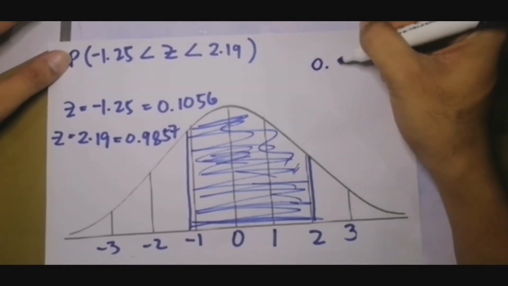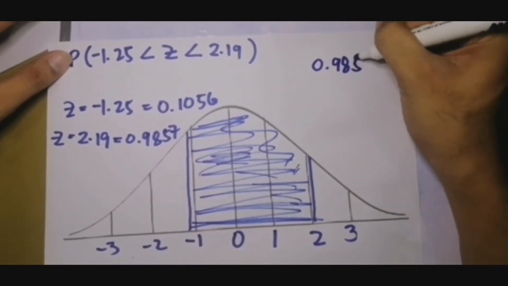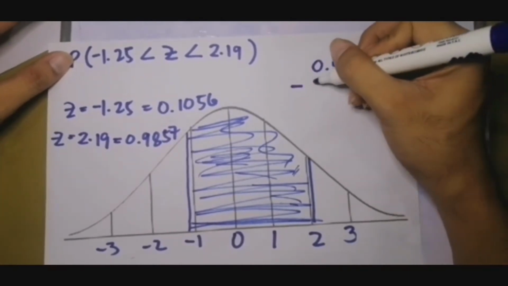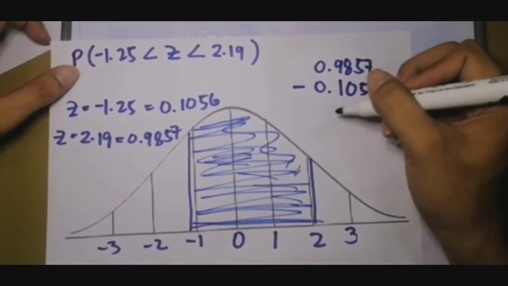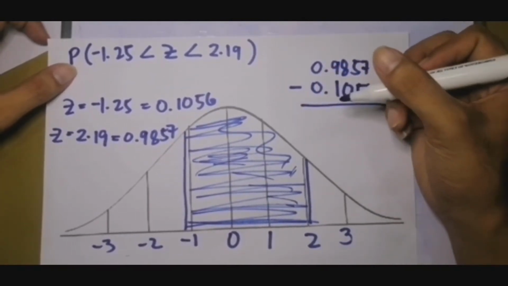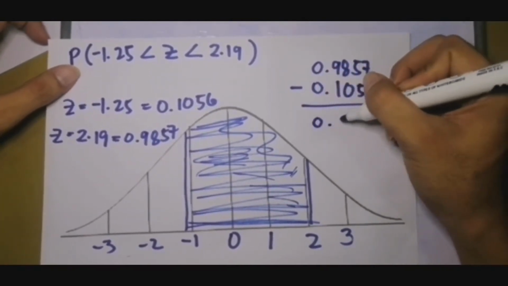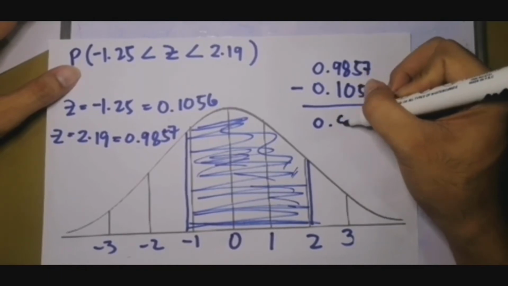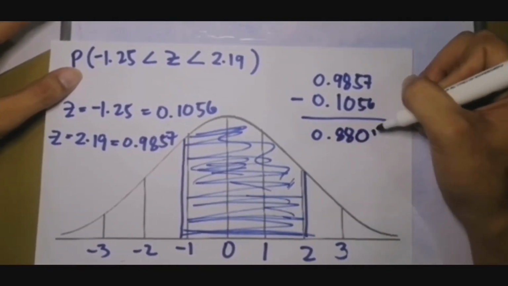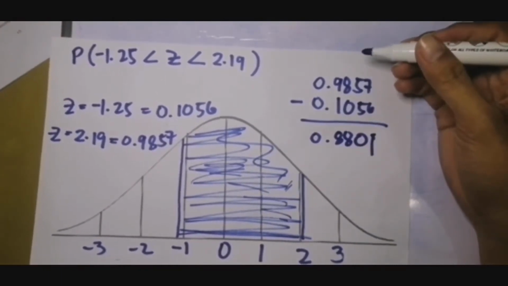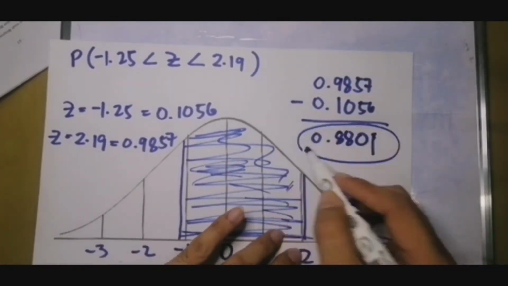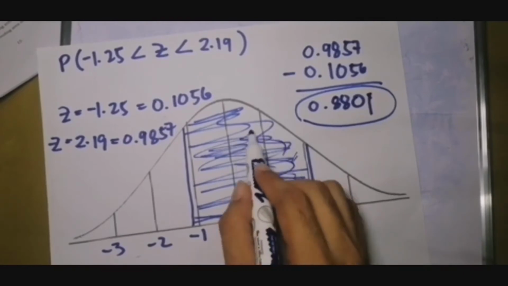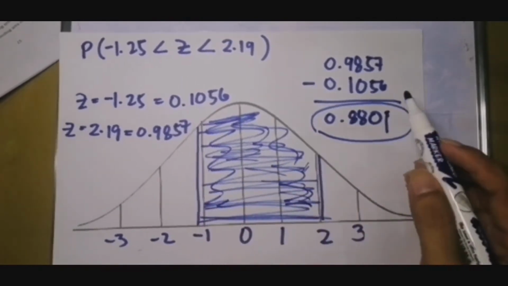So 0.9857 minus 0.1056, so equal ana is 0.8801. So sa ato pa mao ni ang area kani nga area ilang between.